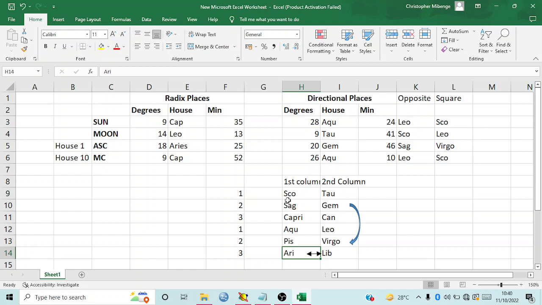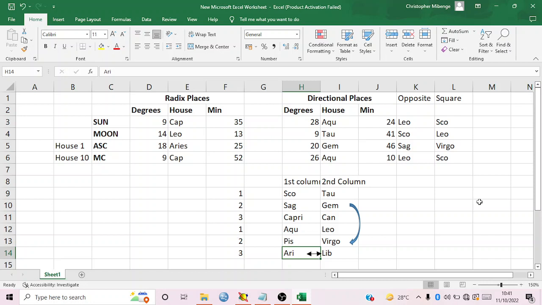So Scorpio, Sagittarius, Capricorn, Aquarius, and Pisces. And also look at these rows as 1, 2, 3, and then you start the count again 1, 2, 3, so that the opposites, of course, are the houses just opposite them, and the squares are simply the rows that have the same number. So 1 to 1, 2 to 2, 3 to 3.